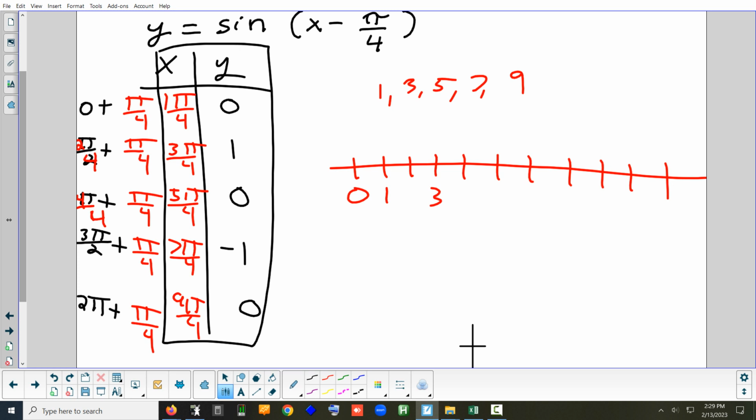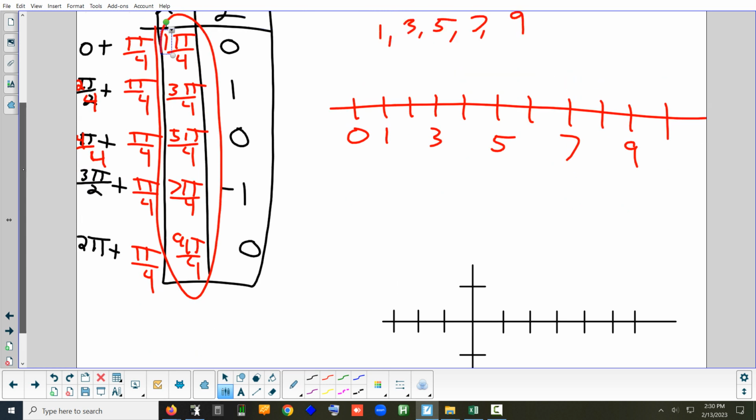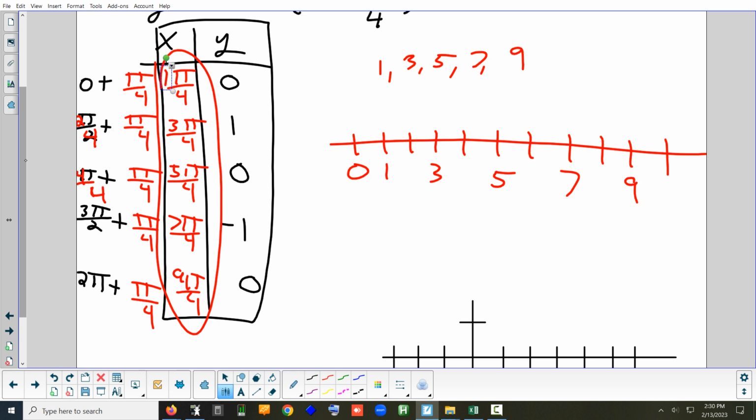And the reason I have to skip a number is because I didn't have 2. I also don't have 4. I don't have 6. And I don't have 8. So when we put these labels on that axis, we have to do exactly the same thing. This is going to be 1 pi over 4.